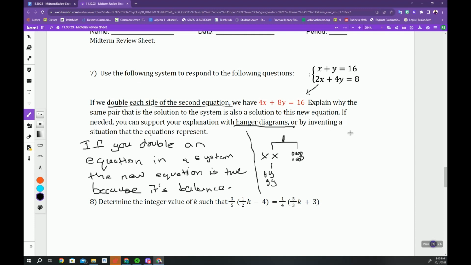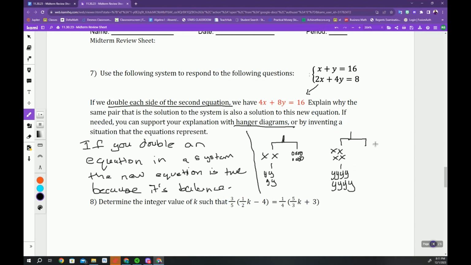Now, what happens if we double it? Remember, this is like a scale. So if I double everything on this side, we'll have 4 x's, we'll have 8 y's: 1, 2, 3, 4, 5, 6, 7, 8.